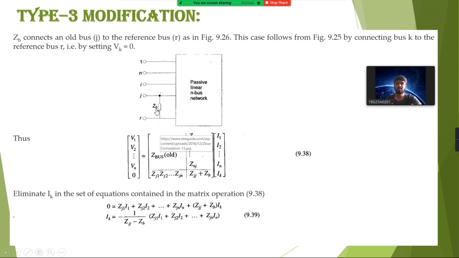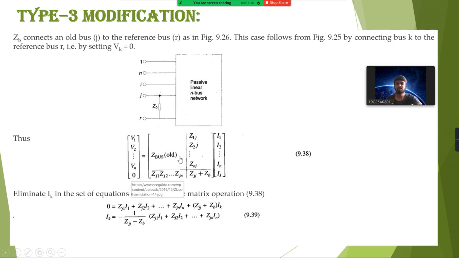We will add the Zb in between them, and in this case we connect the bus k to the reference bus r by setting Vk equal to 0. We are keeping Vk equal to 0, and V1, V2 and so on up to Vn are as they are; we are taking Vk as 0.